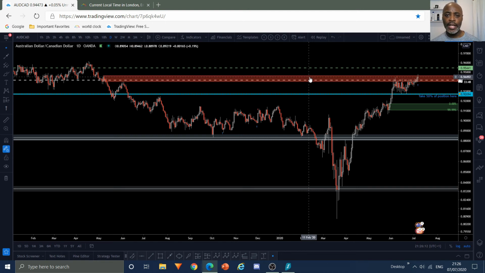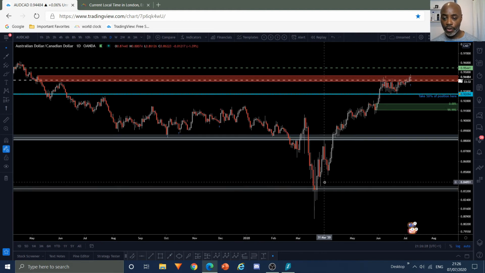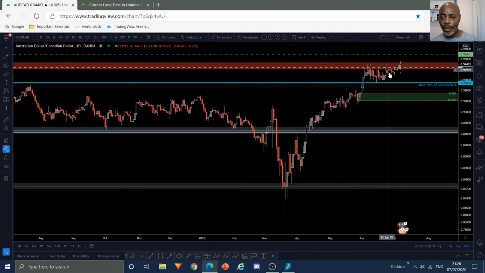Now, supply is an area where you expect sellers to be, as demand is a place where you expect buyers to be. And we had this area here, which we considered as an area to sell into. Price, as you can see here, was correcting quite strongly, and we saw this area as a potential area to sell in.